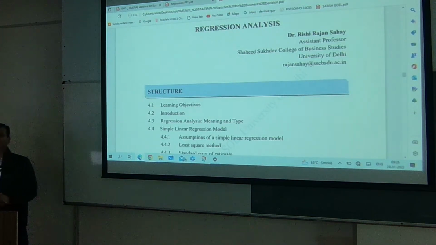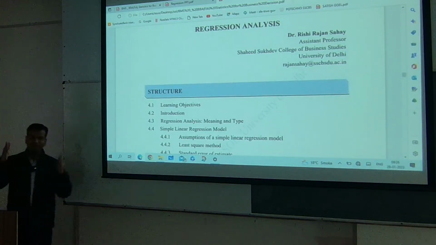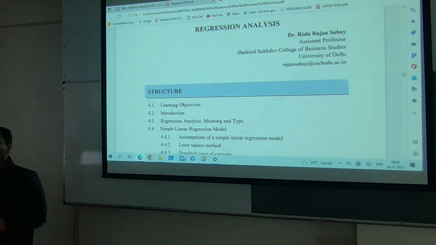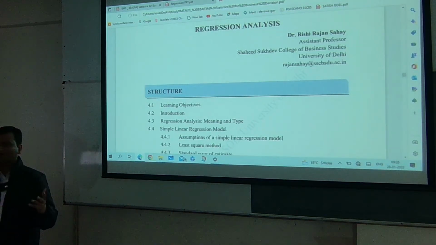So in regression analysis, we extend further from correlation, and in correlation we just find the relationship between two variables, like what is the relationship between height and weight. If you have two variables x and y, suppose x represents height and y represents weight, how much relationship do you have?